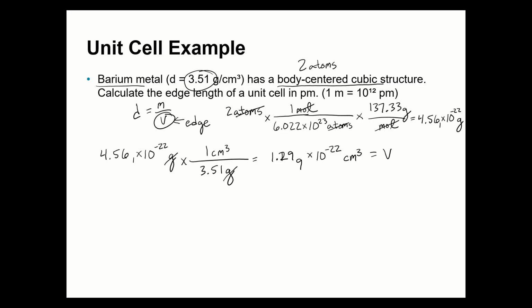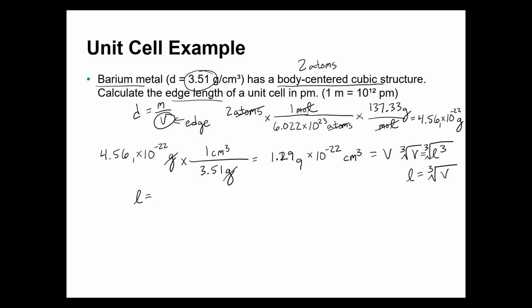And remember that volume, we're trying to find that edge length. So volume is equal to the edge length cubed. And so if I want to find the edge length, then I've got to take the cube root of both sides. Right, so the length is going to be the cube root of the volume. Okay, so I will plug that in.